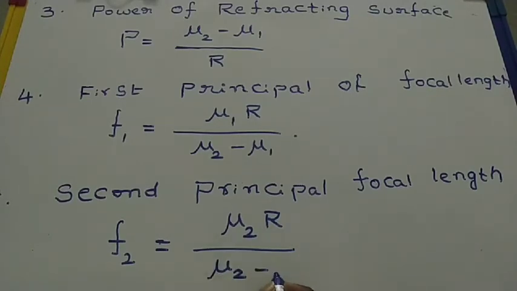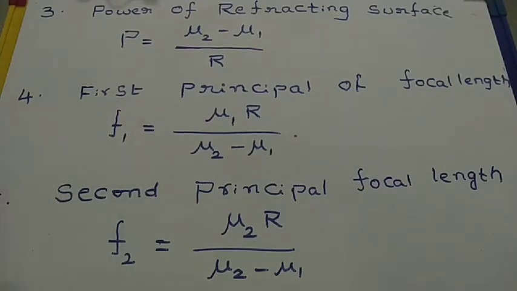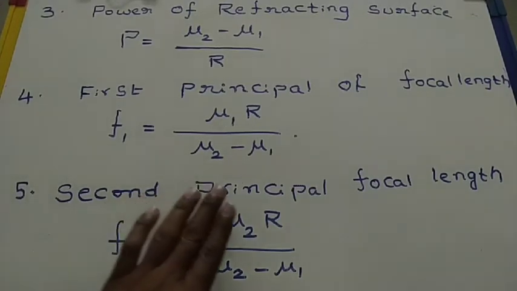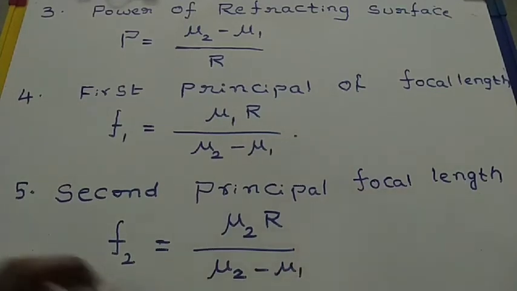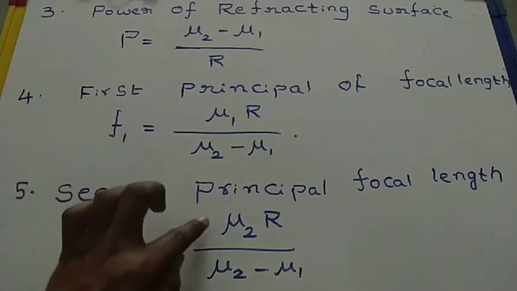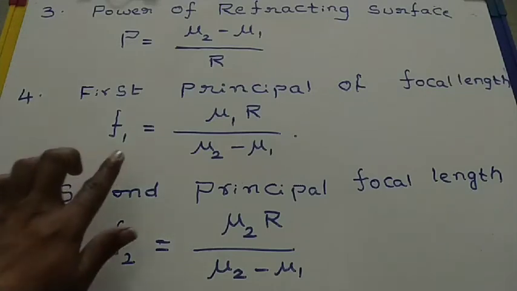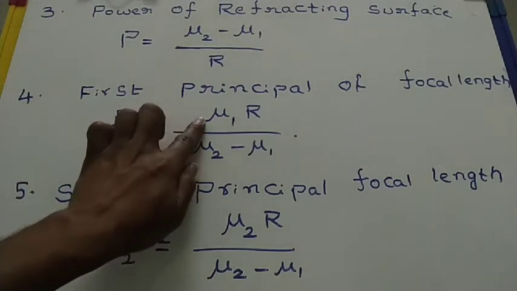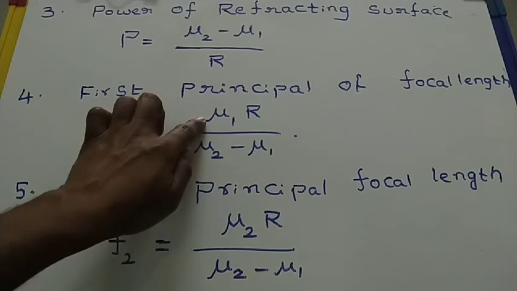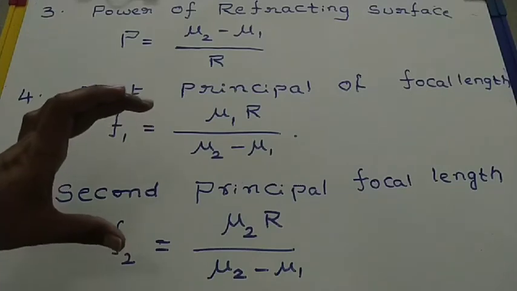Mu2 minus mu1. Once again, this is point number 5. Second principal focal length is given by F2 is equal to mu2 into R by mu2 minus mu1. If it is first principal, mu1 will be in the numerator. Second principal, mu2 will be there. It is an easy clue to remember.